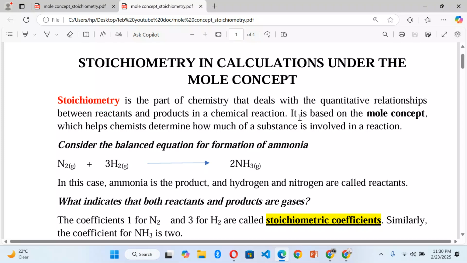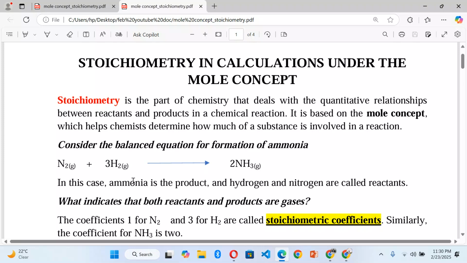It is based on the mole concept, which helps chemists determine how much of a substance is involved in a reaction. Let's consider this balanced equation for the formation of ammonia. We see nitrogen reacts with hydrogen to produce ammonia gas.